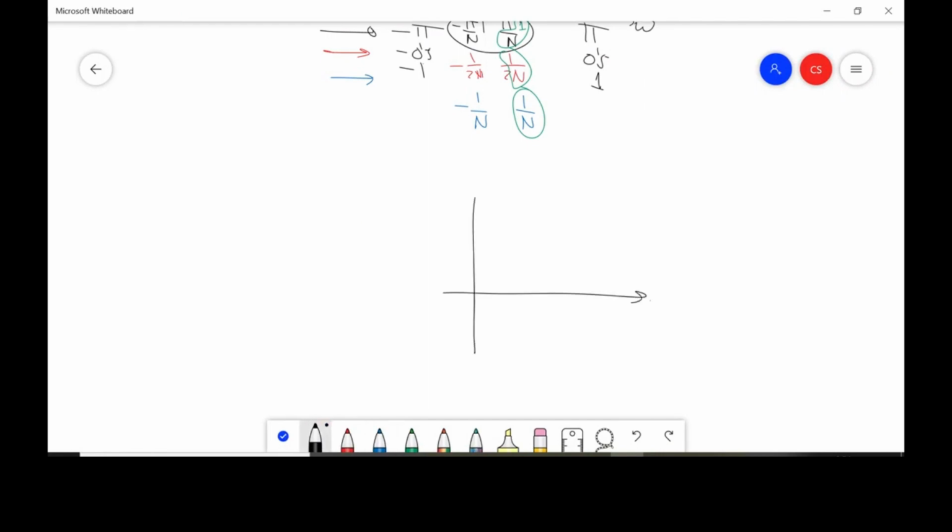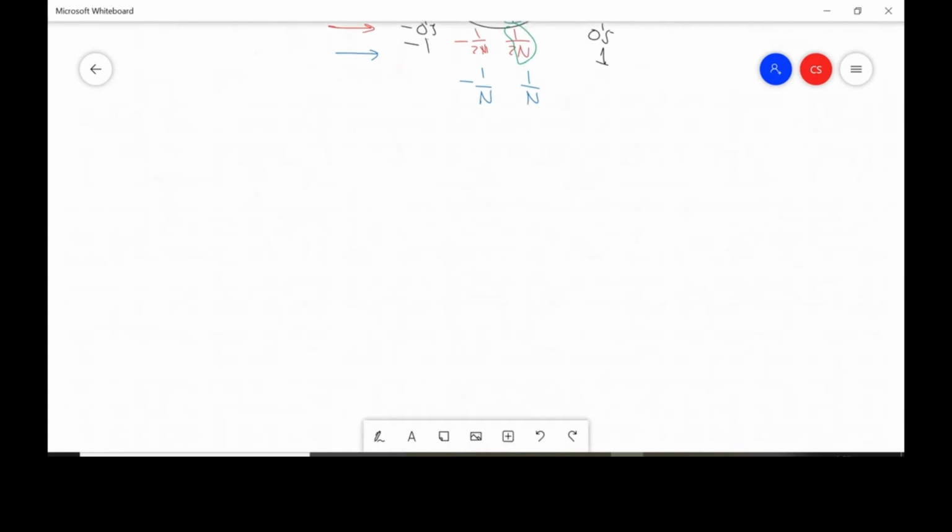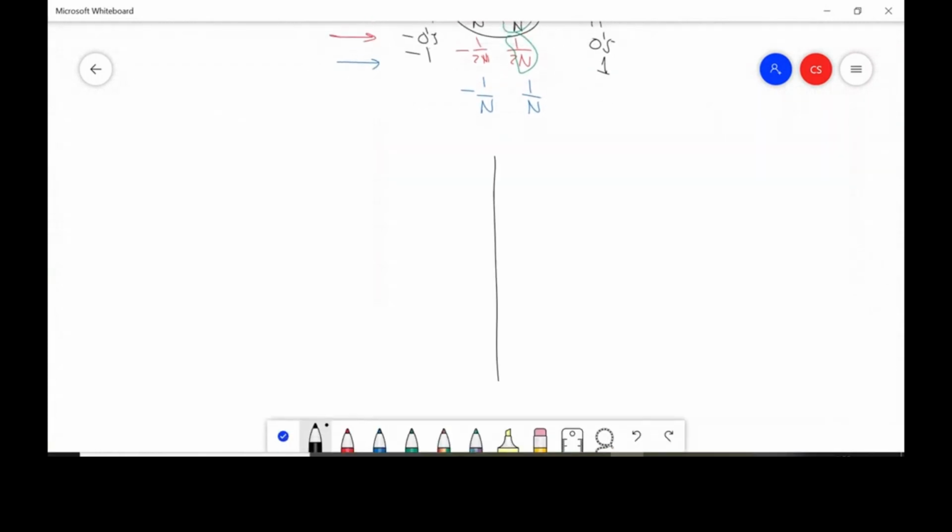We have omega x, very long, and very low in this direction. We need more space. Let's say this is the area from minus pi to pi.